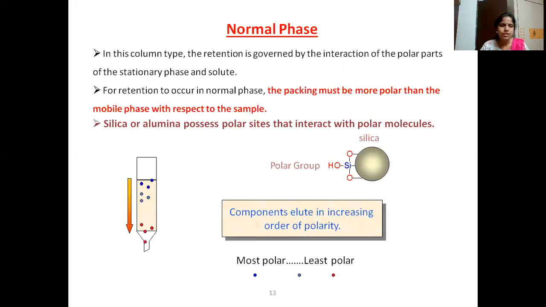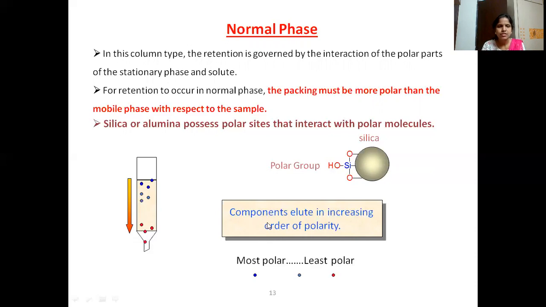It will have more affinity towards the less polar components, and as the mobile phase comes out of the column, it will bring out these less polar components first.